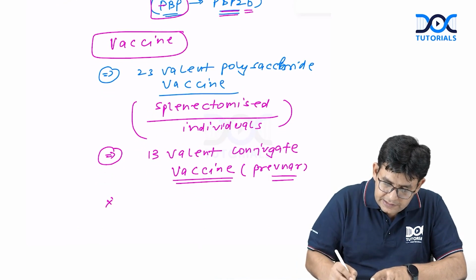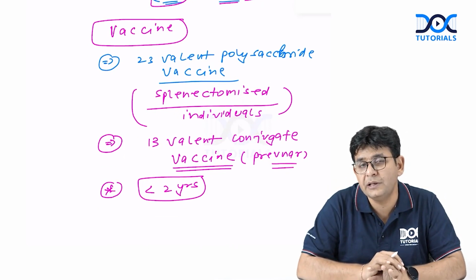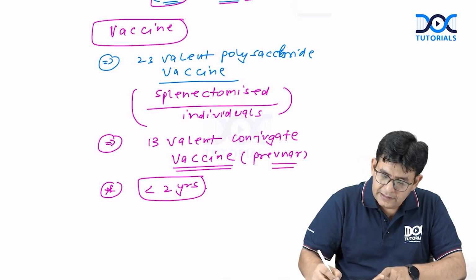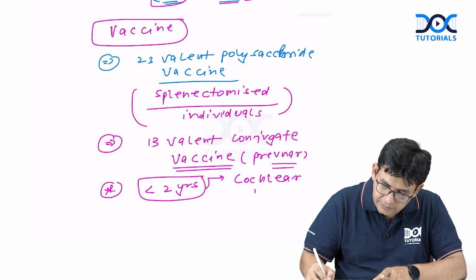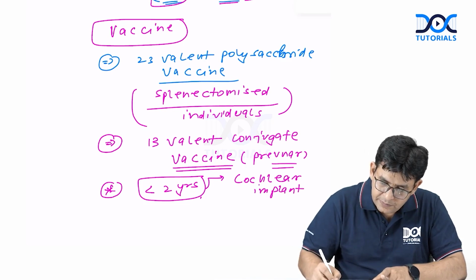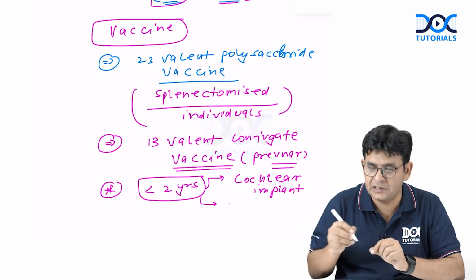Another important thing is, whenever we are going for surgeries in a child less than 2 years, like a cochlear implant, which is to be done before 2 years for proper speech development, or suppose the child has hydrocephalus and you need to put CSF shunts.